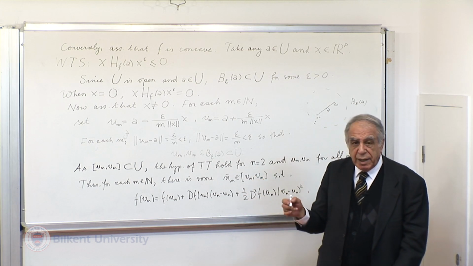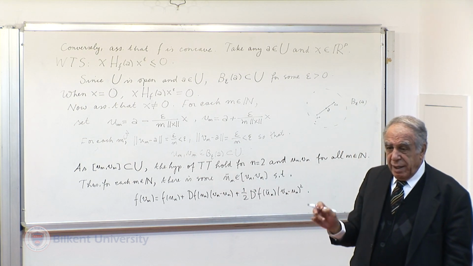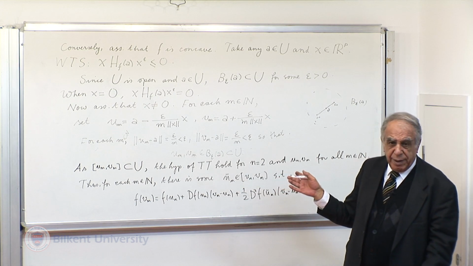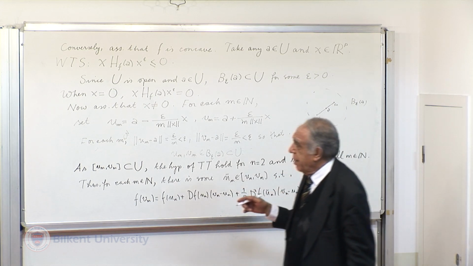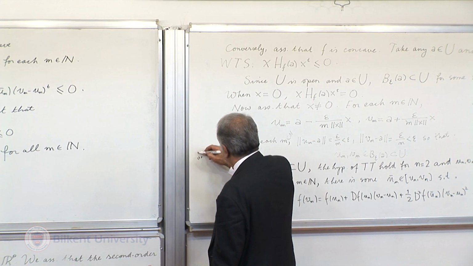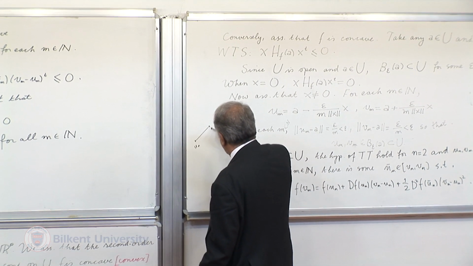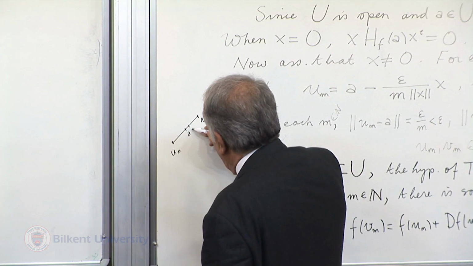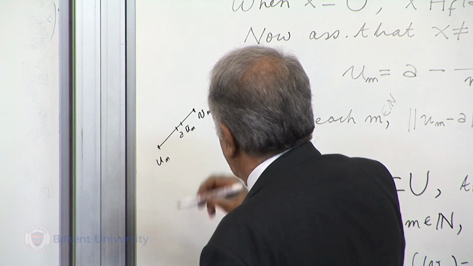I will leave checking that u bar m converges to A. Okay? For each m, A is the midpoint, and u bar m is somewhere.